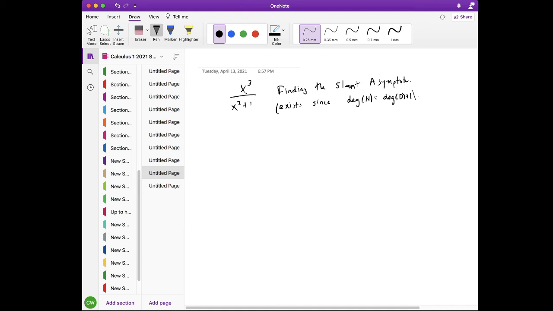Here's what you do. You polynomial divide. And then the remainder is the slant asymptote. Sorry, the stuff that's not remainder is the slant asymptote. The quotient. Quotient, not remainder, is the slant. Okay, do you remember how to polynomial divide?